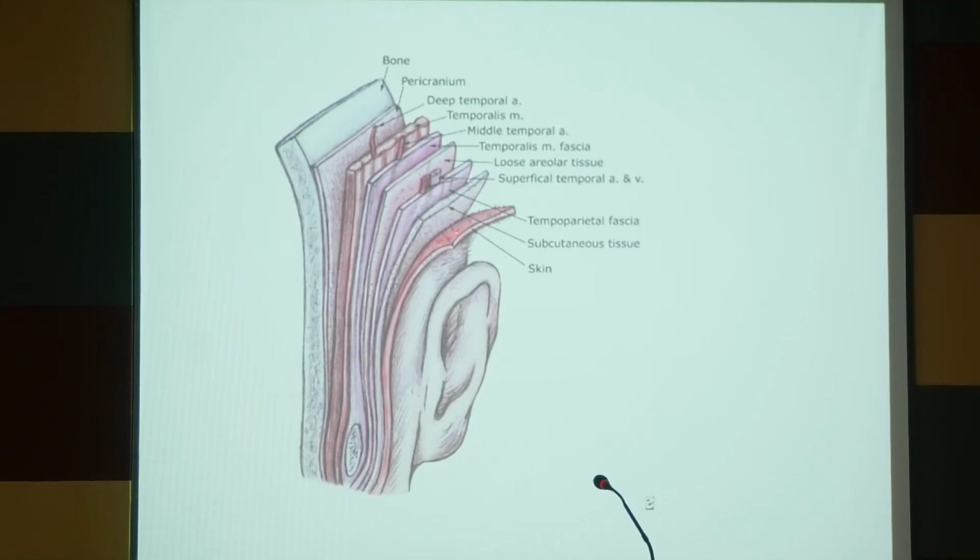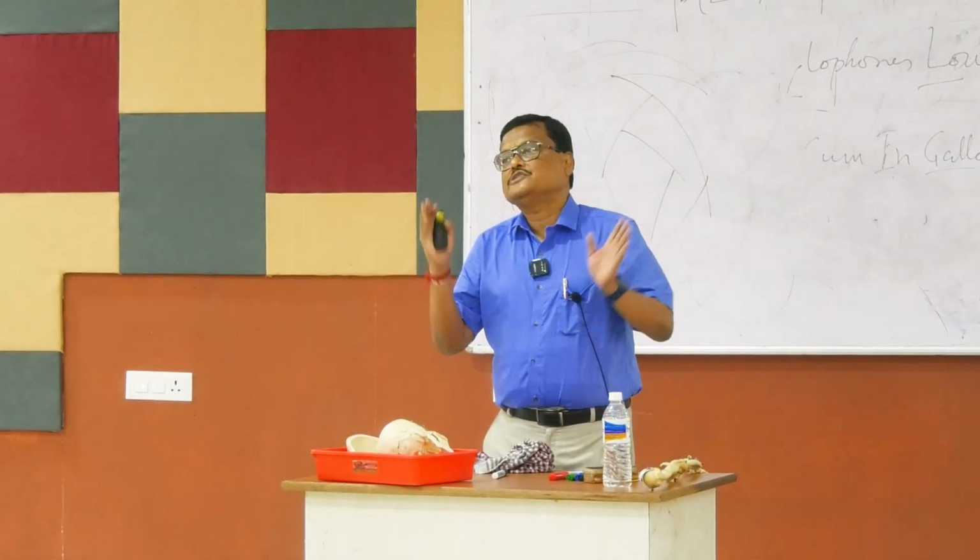And subcutaneous tissue is superficial to the muscle, and both muscle and subcutaneous tissue are deep to the skin.